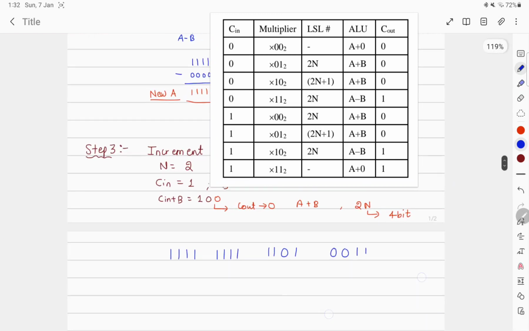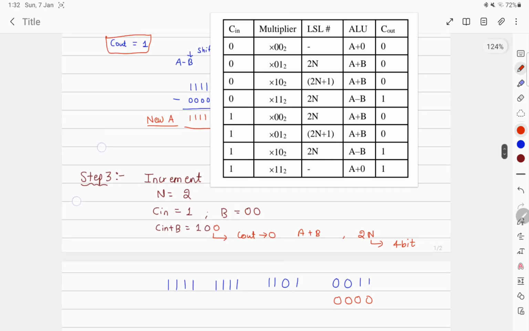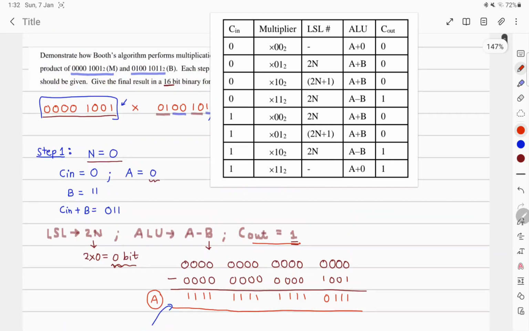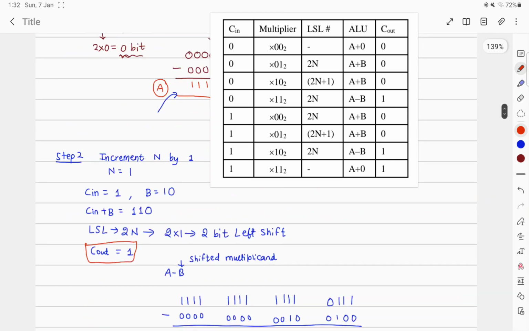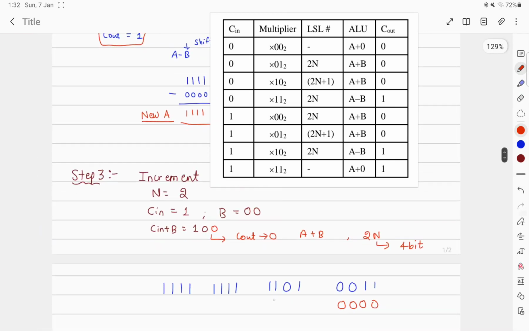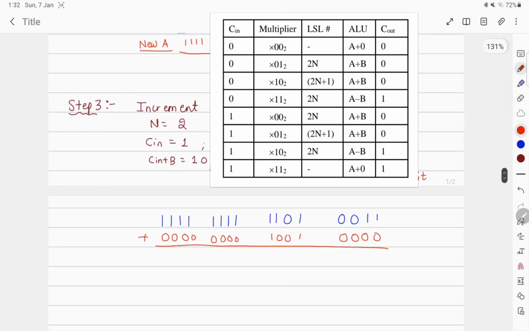Now after this, what can you do? You can write the shifted B by 4 bits. So you can add 4 zeros here, and now you can put your number which was here. So that will be shifted. So 1 0 0 1 is here, and 0 0 0 0 0 0 0 0. So just addition we have to do to get the new partial sum.